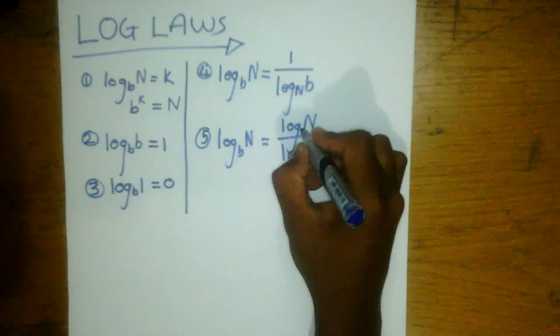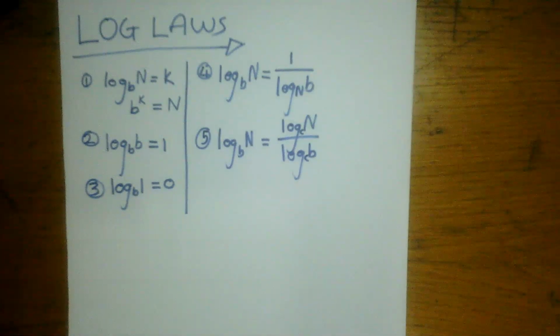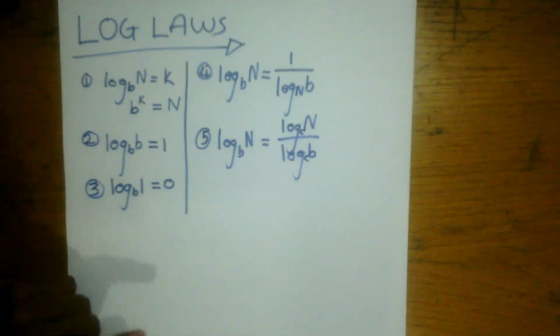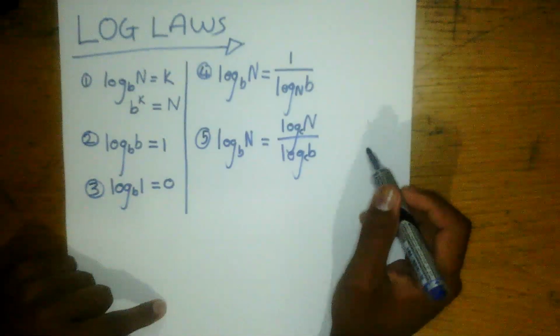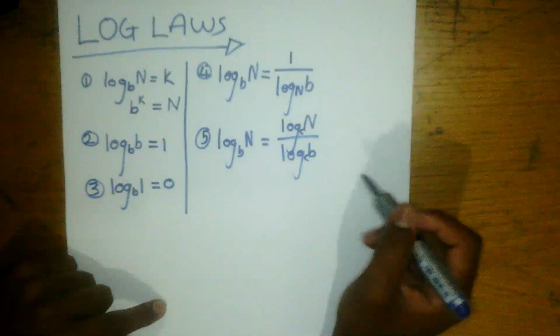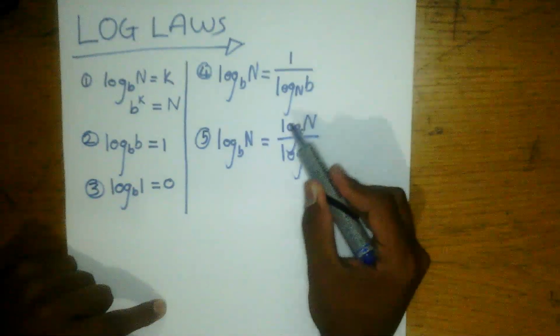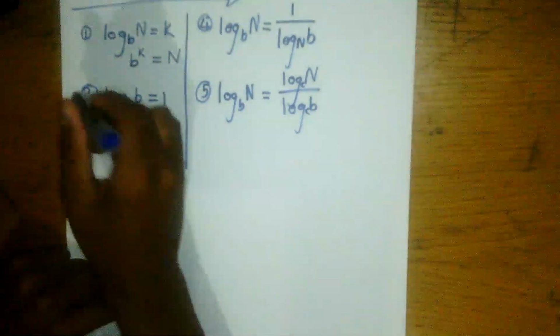Then the base can be anything that you put, that's asked. I'm sure you guys remember the question of yesterday. There was a question where they say using base 2 simplify, and we did this rule.